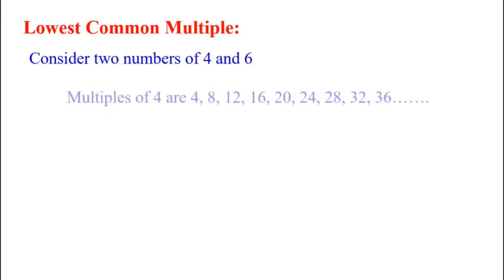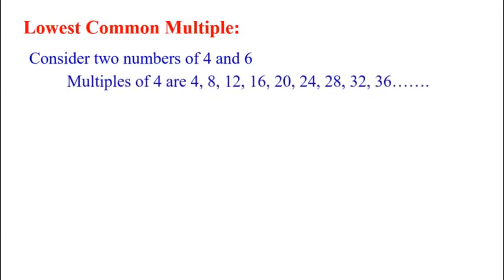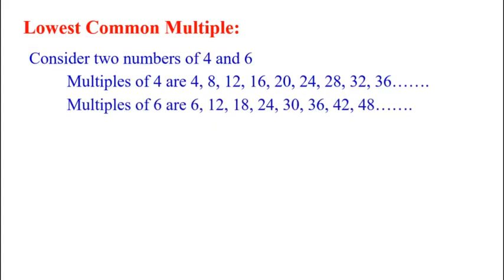Then lowest common multiple or LCM. Consider two numbers, 4 and 6. Multiples of 4 are 4, 8, 12, 16, 20, 24, 28, 32, 36 and so on. Multiples of 6 are 6, 12, 18, 24, 30, 36, 42, 48 and so on.